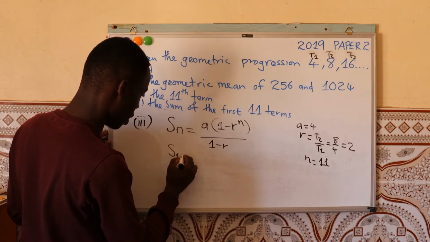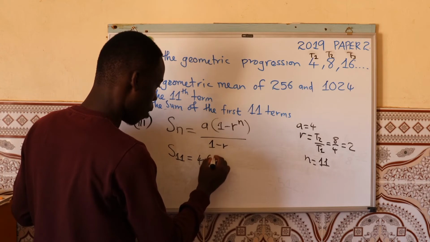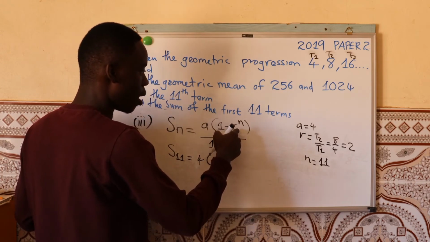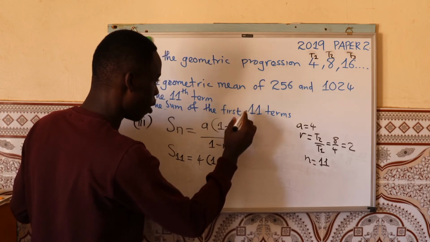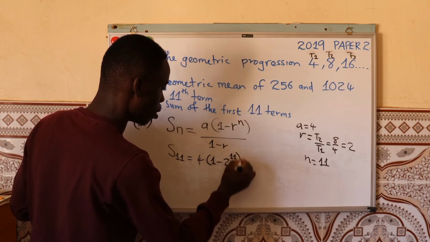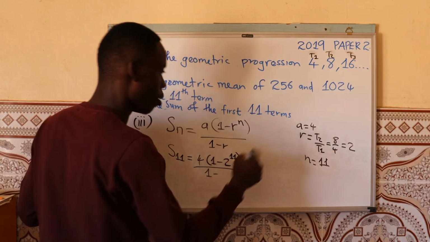So the sum of the first 11 terms is equal to A, which is 4, times 1 minus R, which is 2, to the power n, which is 11, divided by 1 minus R, which is 2.